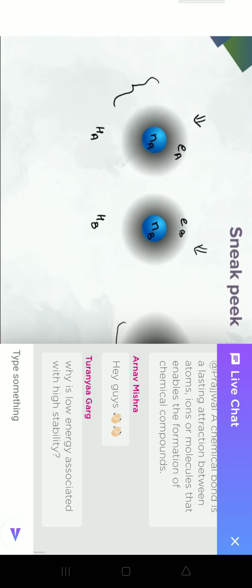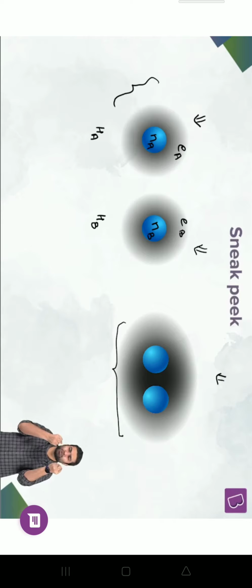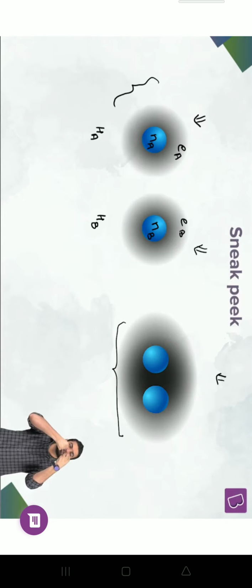So even though the two nuclei repel each other and want to go away, this nucleus is also attracting that electron, and this nucleus is also attracting this electron, and because of this attraction, they are stuck together. This attraction is holding them, trying to bring them closer, and the repulsion between the nuclei obviously is trying to throw them away.